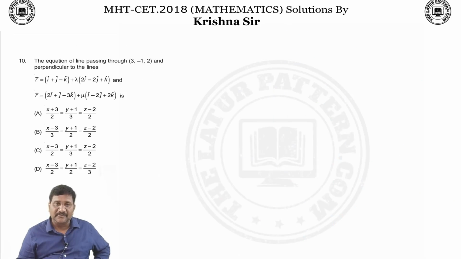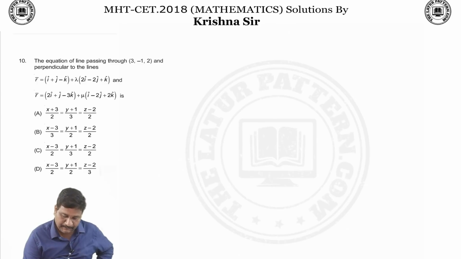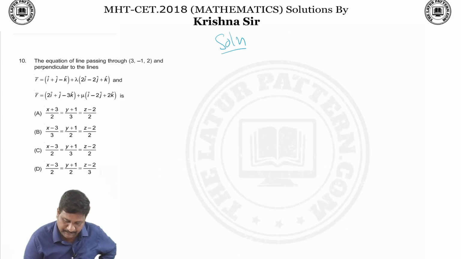Okay. Solution of question 10. The given problem: the equation of the line passing through the point 3 minus 1 2 and perpendicular to the given lines. The first line is r bar equal to i plus j minus k plus lambda into 2i minus 2j plus k.